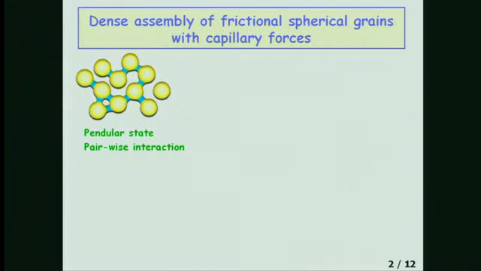So we are dealing with dense assemblies of frictional spherical grains with a certain amount of liquid, which gives rise to liquid bridges. We are considering here small saturation, so that we are in what is called the pendular state. The liquid bridges involve only 2 grains.